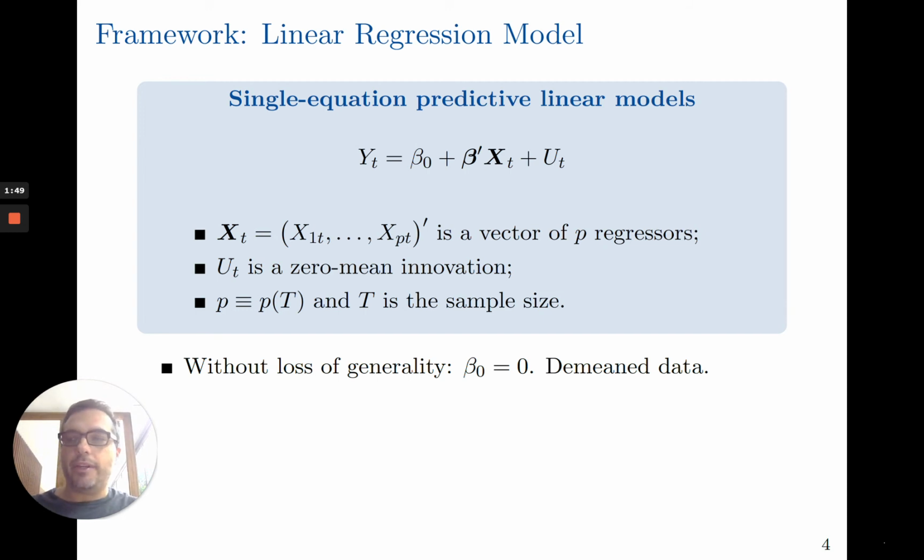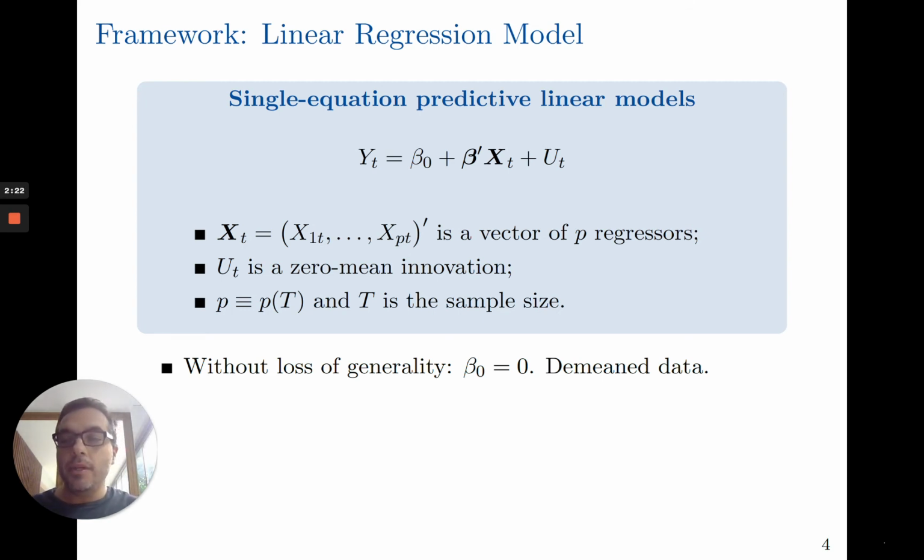And u_t is the error of the model. That's everything that's not observed, determined by this error term. One thing that's important that I have already mentioned in the beginning of the course is that the dimension of the vector x, p, grows with the sample size.